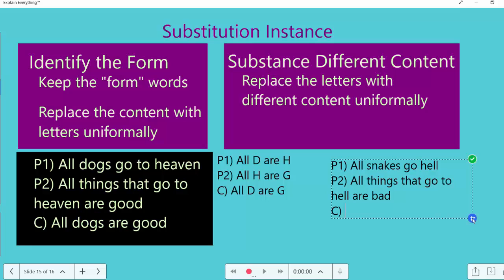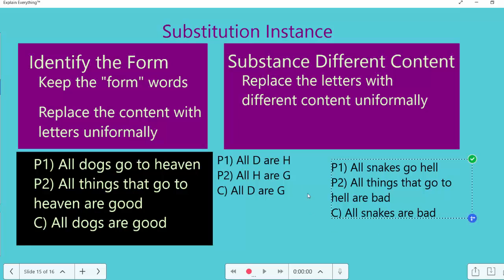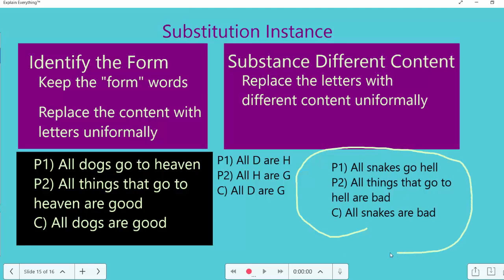Therefore, all snakes are bad. This argument that we're left with is a substitution instance of this argument.